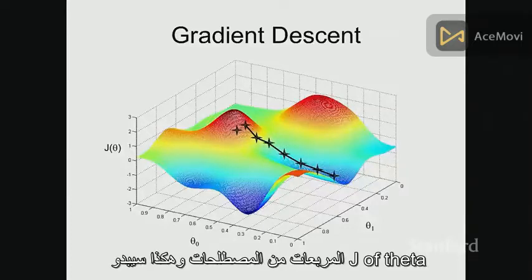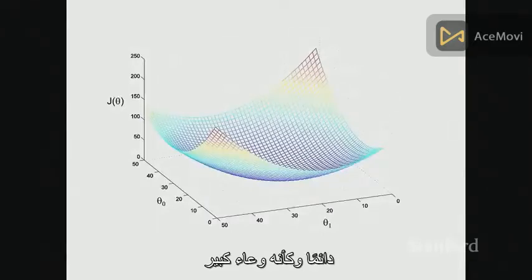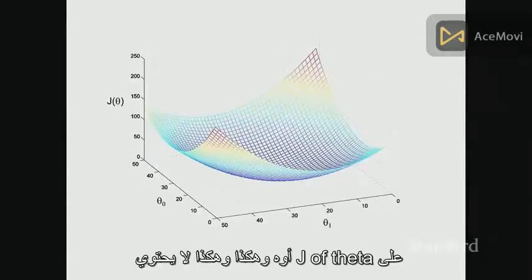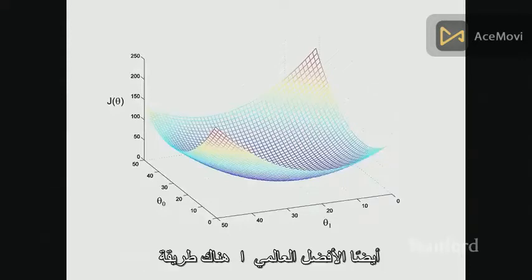It's the sum of these squares of terms, and so j of theta will always look like a big bowl like this. So j of theta does not have local optima, or the only local optimum is also the global optimum.